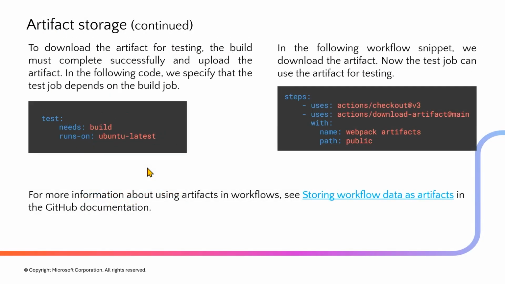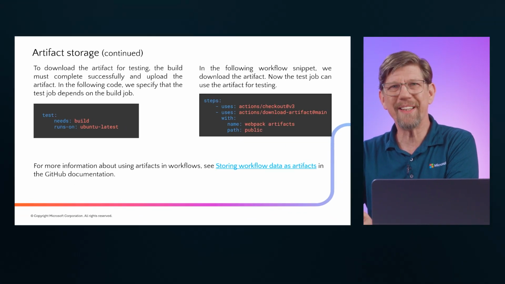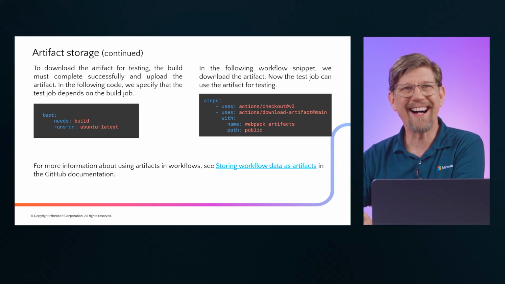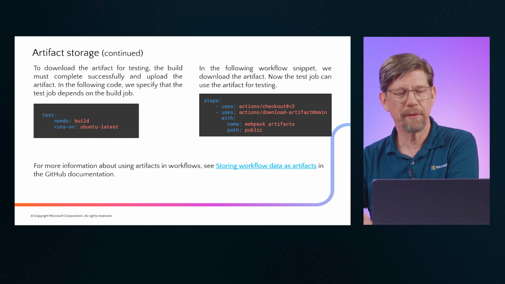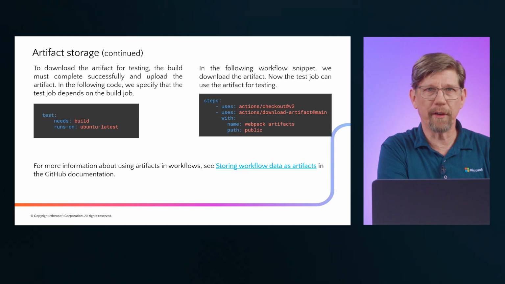Then we would need at some point to bring those down in later jobs. It's important to recognize that if you're building a pipeline that is composed of multiple jobs, those jobs are almost guaranteed to be executed on different machines. Each job is going to have its own runner.